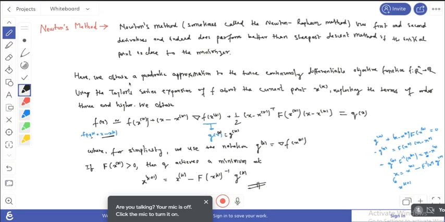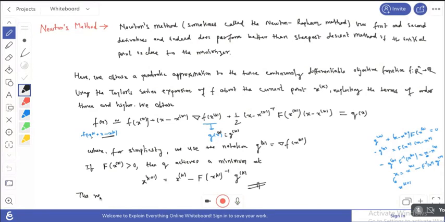In Newton's method, this is your initial point, and then you have to find the gradient of that point. This is your gk. Now the Hessian matrix, and you have to find the inverse of that Hessian matrix. This is basically used as the recursive formula of Newton's method.